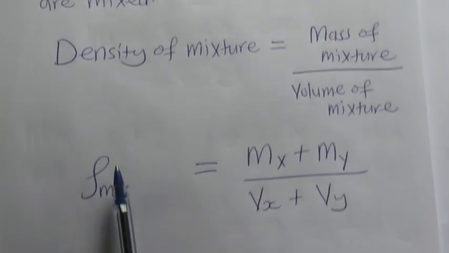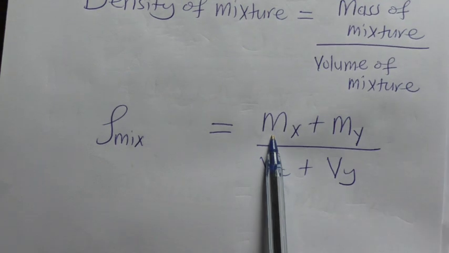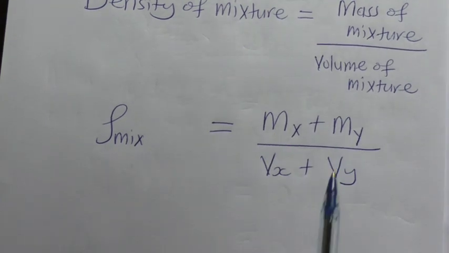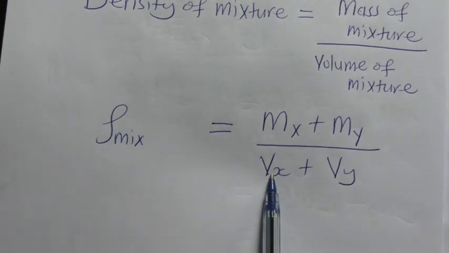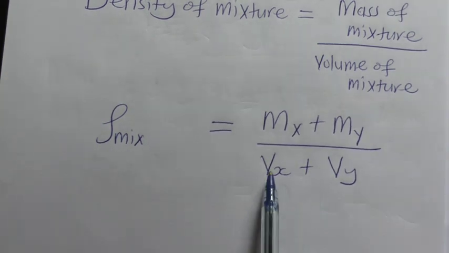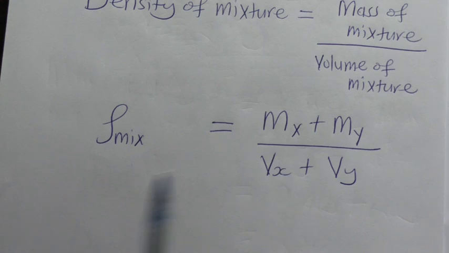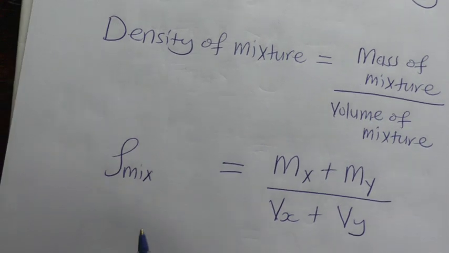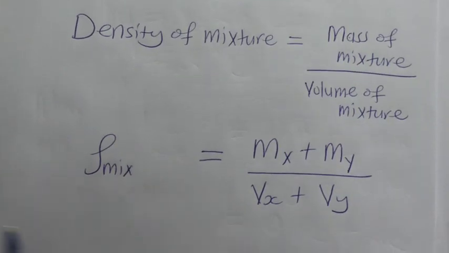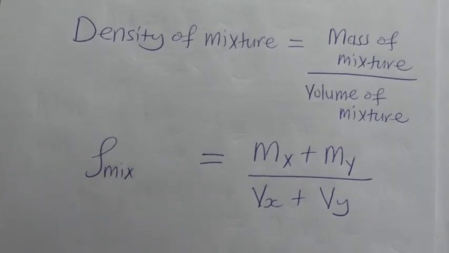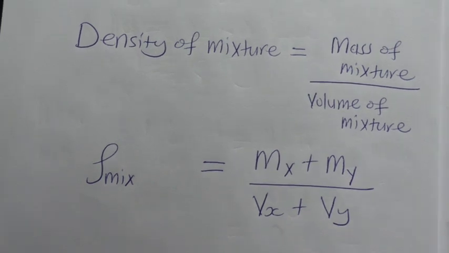So the density will be mx plus my, the total mass of the mixture, divided by Vx plus Vy, the total volume of the mixture. So that is the formula for getting the density of a mixture. Let us look at an example.